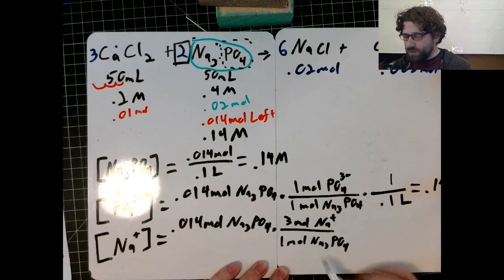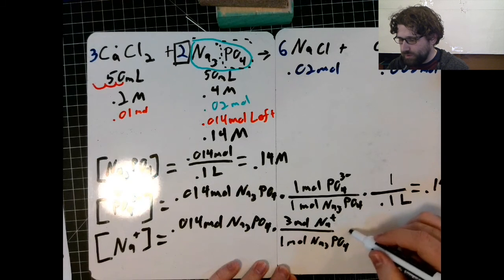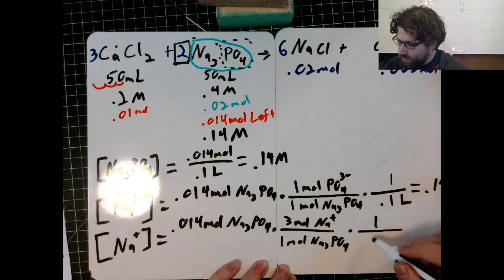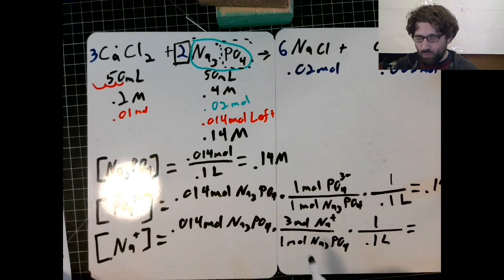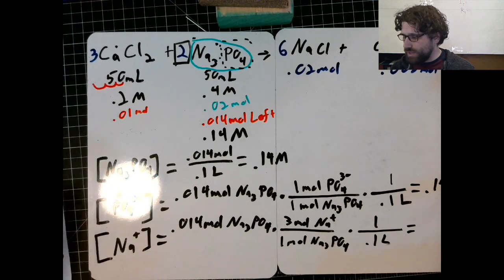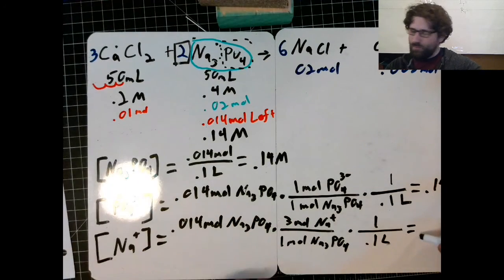Because there's 3 sodiums in each of these, I'm going to have 3 moles of sodium. And times that 1 over 0.1 liters. What'll that get me? It's going to take 0.014 times 3 divided by 0.1. That gets me 0.42.